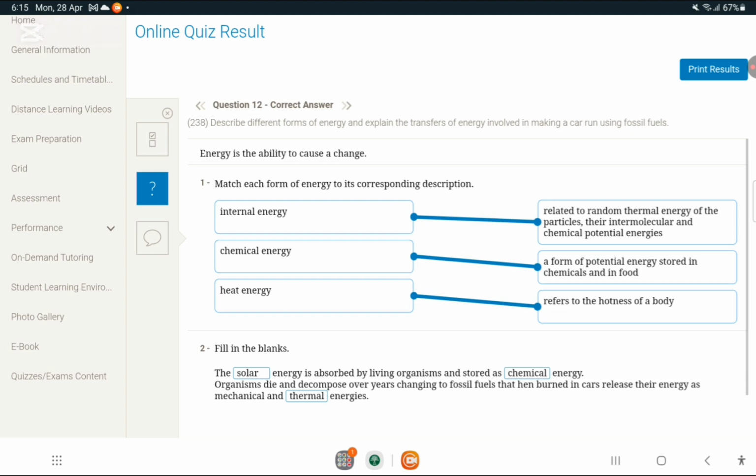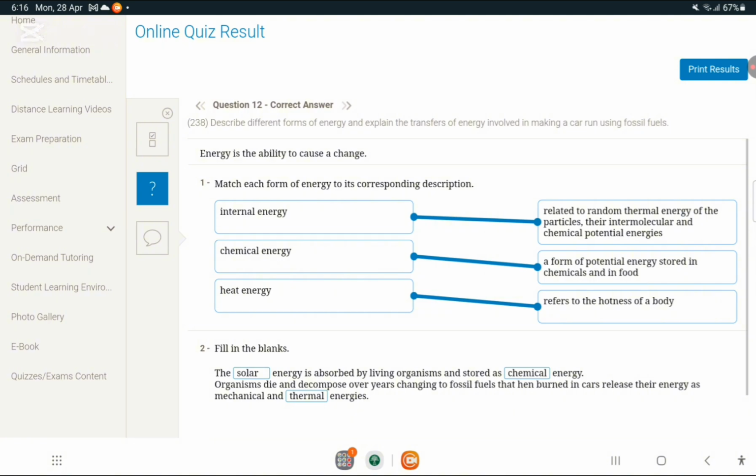Match every form of energy to its corresponding description. Internal energy is related to random thermal energy. Let's go to the obvious ones first if you don't know what internal energy is. Chemical energy is a form of potential energy stored in chemicals and in food. You have the keyword chemicals. Heat energy refers to the hotness of a body.